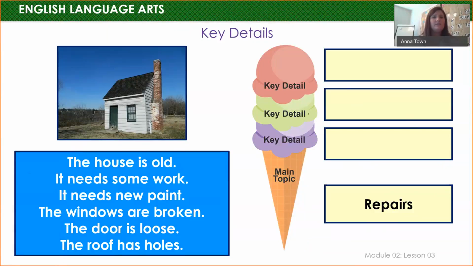The door is loose. The roof has holes. With some key details that let us know it needs repairs. It needs new paint, yes. The windows are broken, yep. And the roof has holes. All of those things are telling us that those are repairs that need to be done to the house.